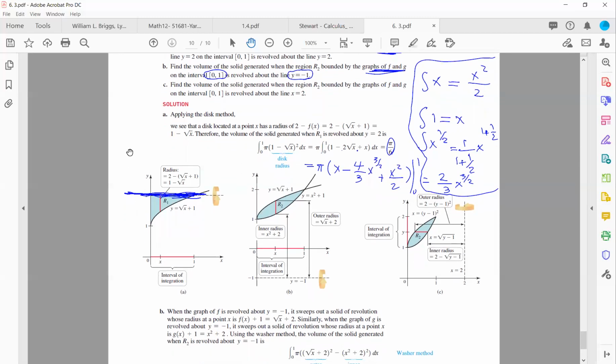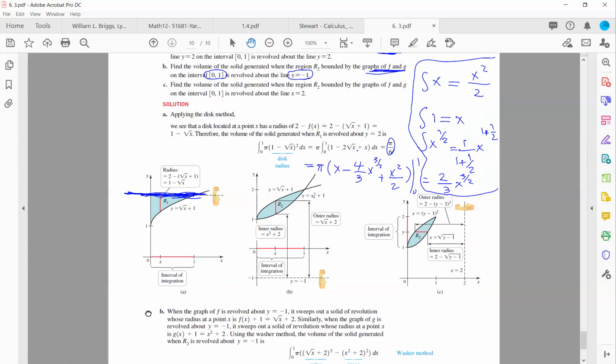Okay. Now we're working with two functions, square root of x plus 1 and x squared plus 1. And we want to find the volume when we revolve this about y equals -1.